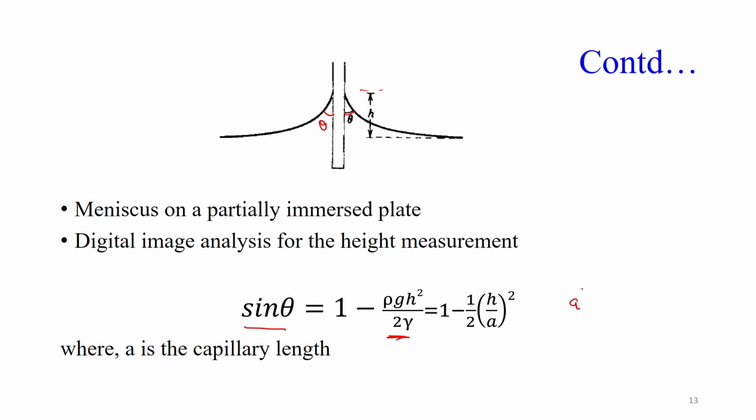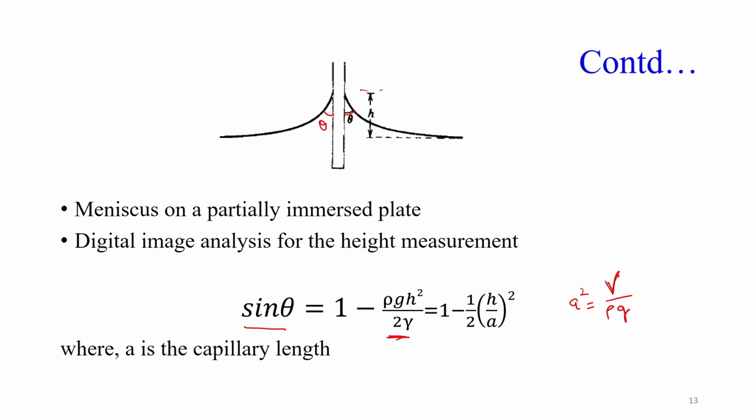The capillary length is defined as a square is equal to gamma upon rho g. So, this is the capillary height. If you put gamma upon rho g as a square, it will simply be h upon a whole square.